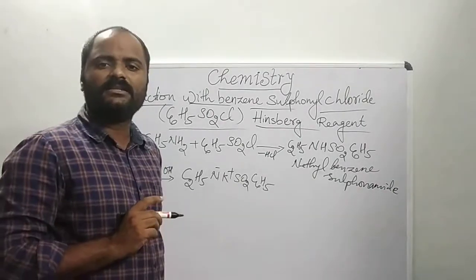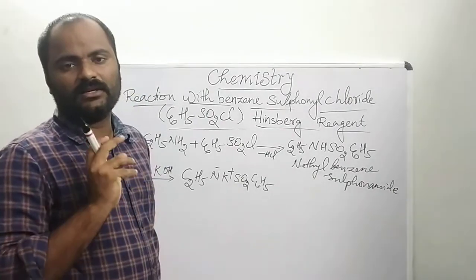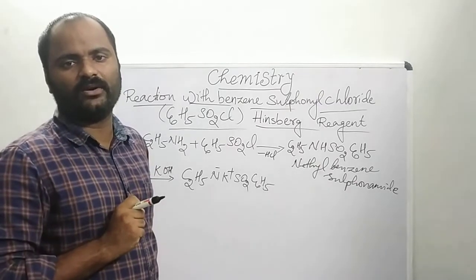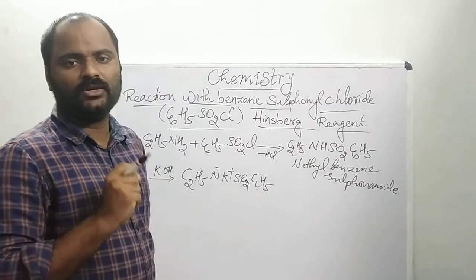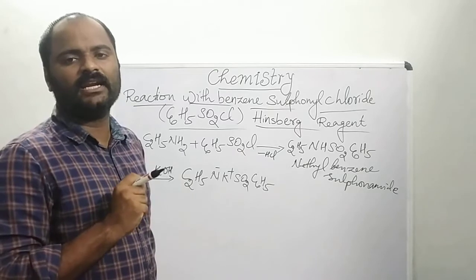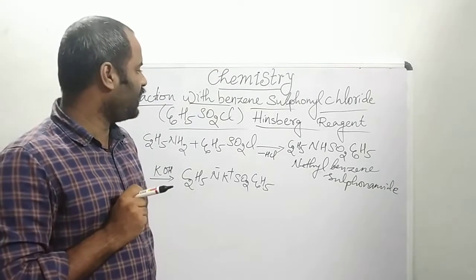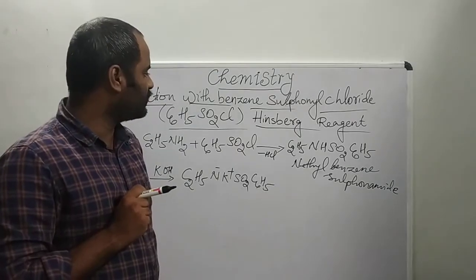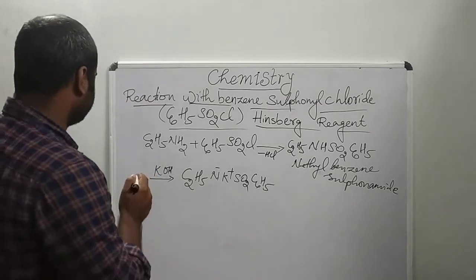Secondary amines react with benzene sulfonyl chloride or Hinsberg reagent. You get N,N-dialkyl benzene sulfonamide.